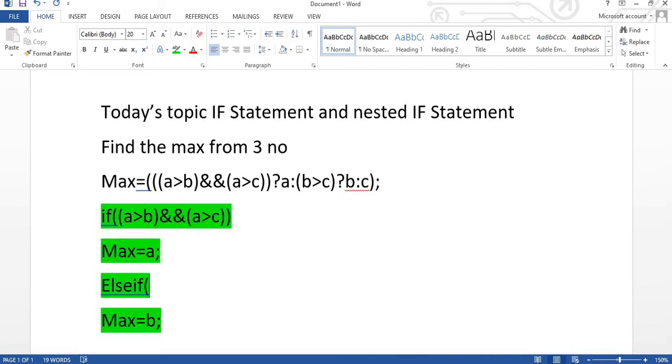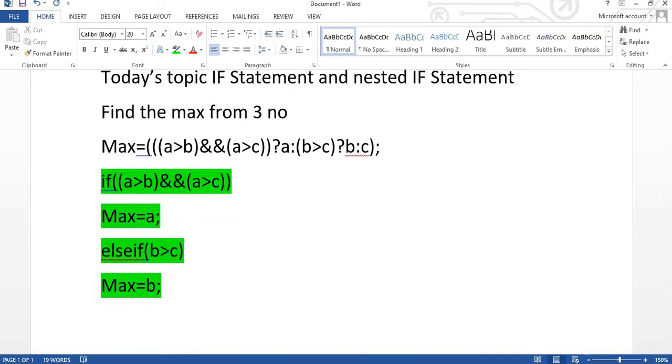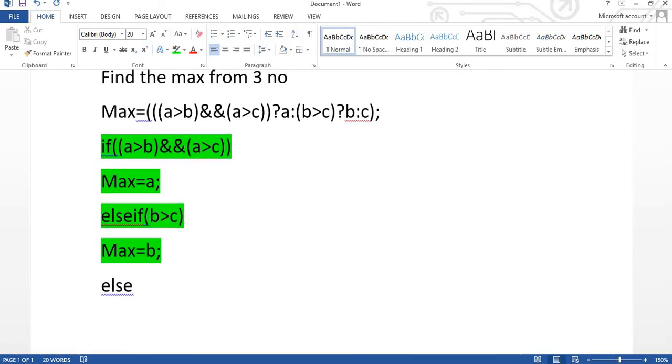b greater than c. Okay, b greater than c. Then max is b, then in the else portion max is equal to c.